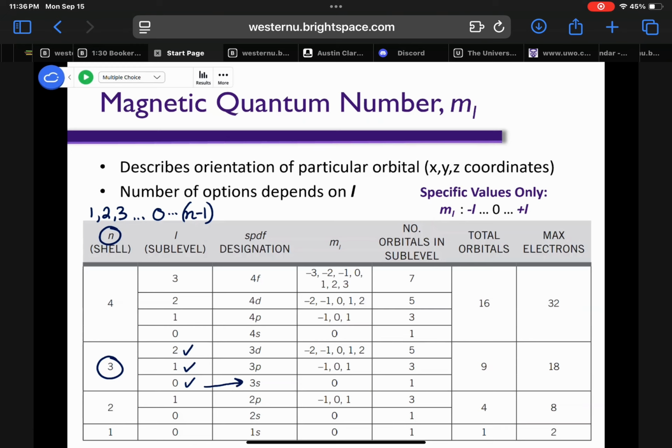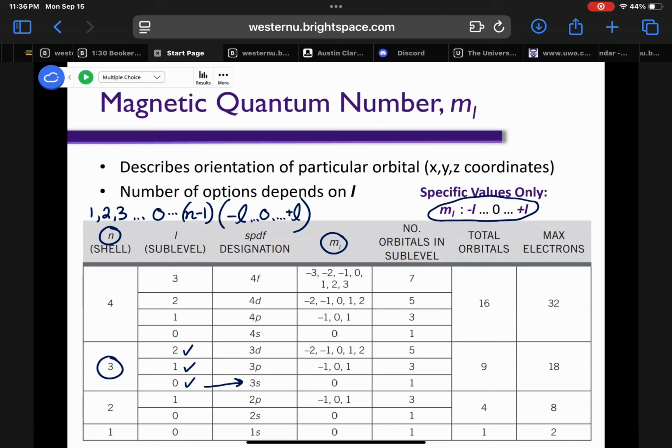Well, how many ml, how many magnetic quantum number options are there if n equals 3 and L equals 0? Well, ml, its rules are that it can go from negative L through 0 all the way to positive L. Those are its constraints, its rules.